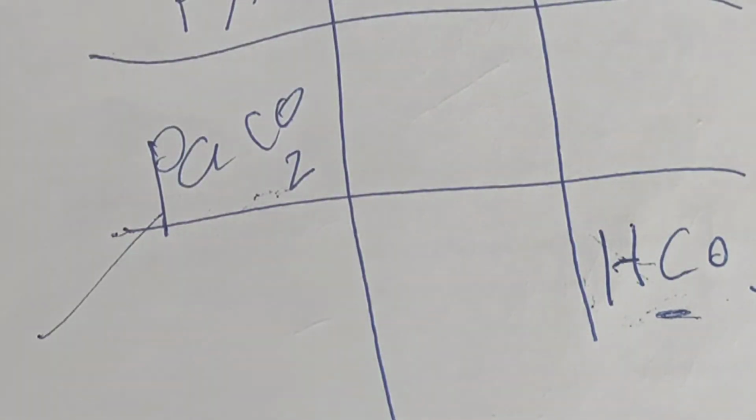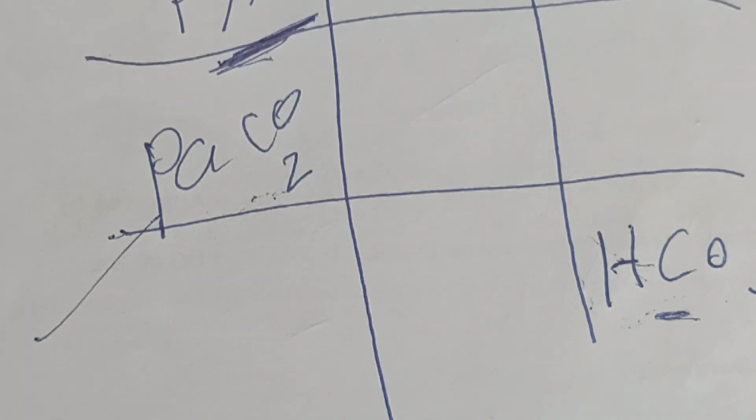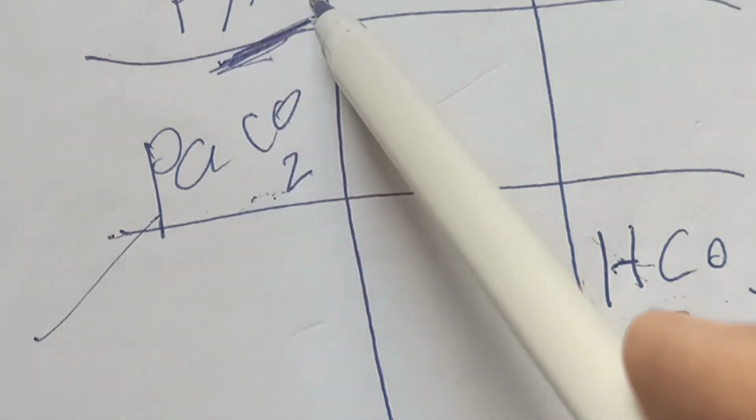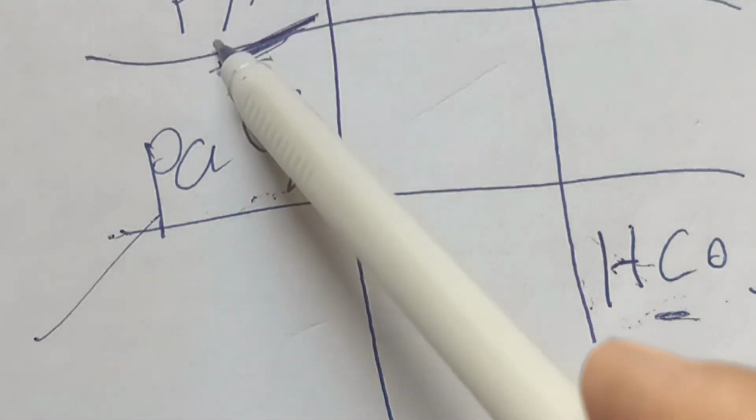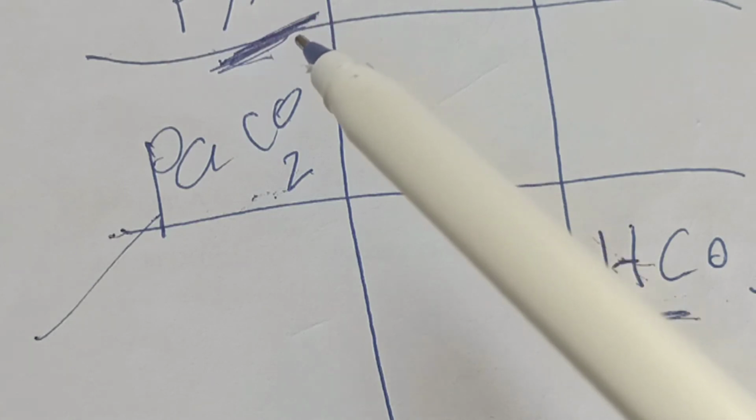If pH is normal and the others are abnormal, that means this is fully compensated respiratory acidosis. We have respiratory acidosis now, but the pH is acidic, so it is not fully compensated. If the pH comes under normal, this is called fully compensated respiratory acidosis. That means the body was able to regain the pH to normal.